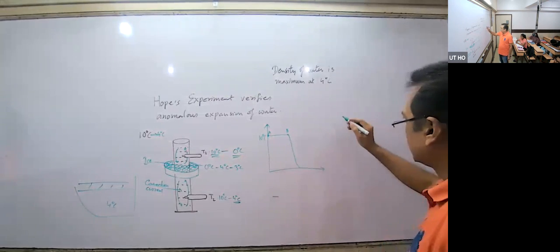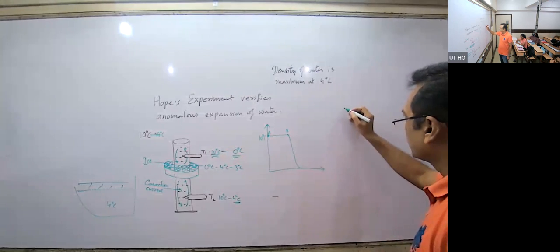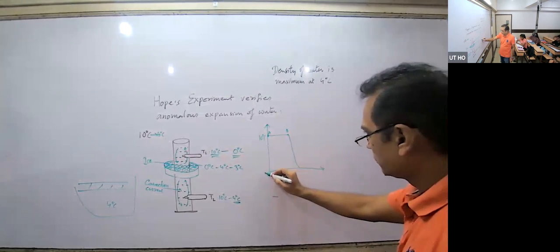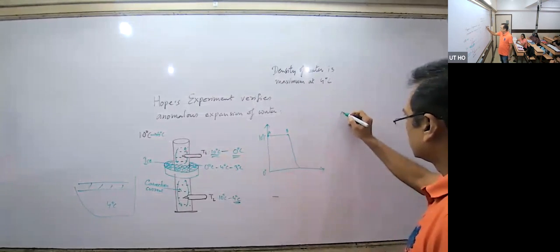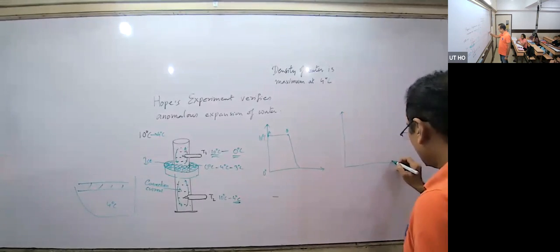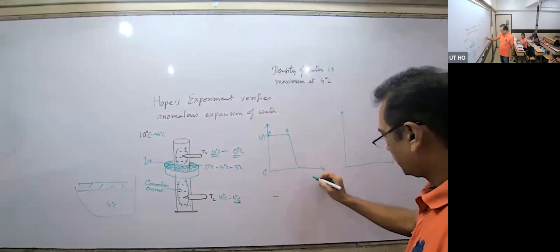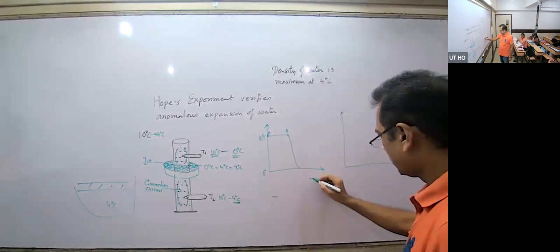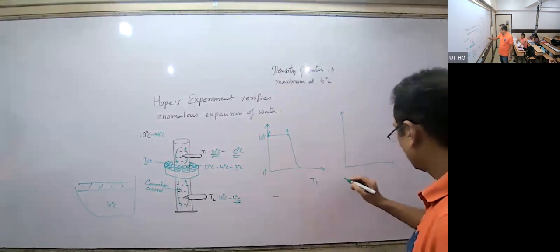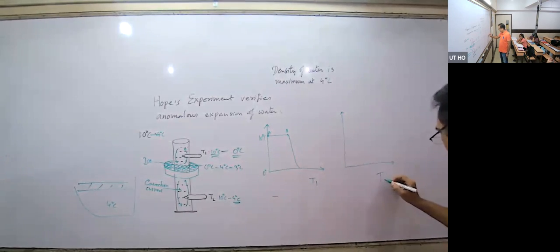Here, this is 0. In case of the second thermometer, how will the graph be? This is T1, the graph of T1. This is the graph of T2.